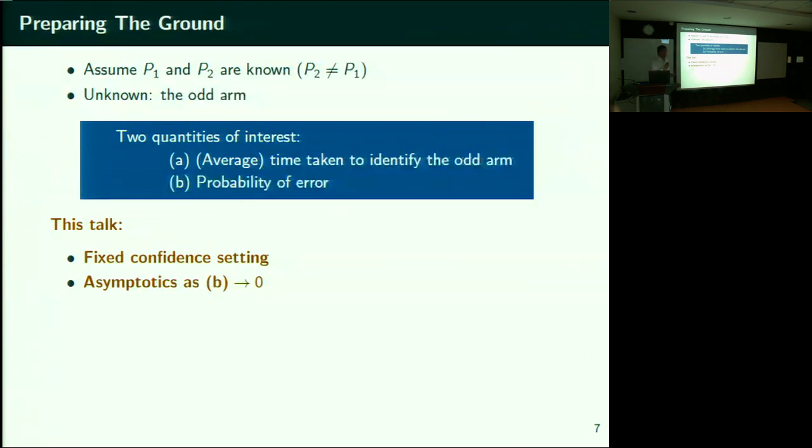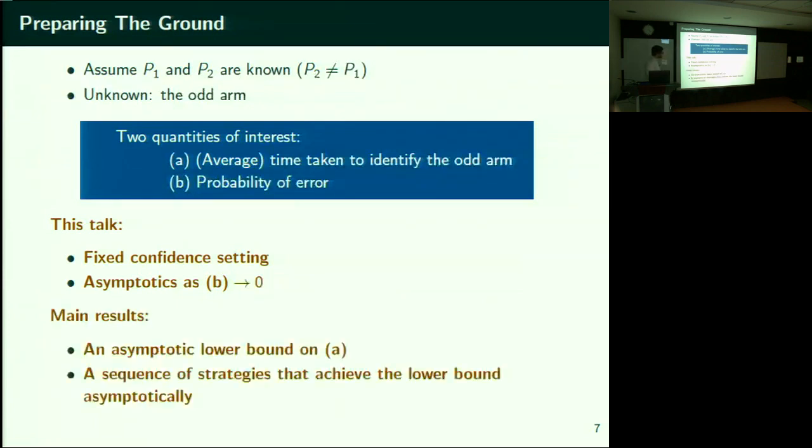So the smaller the probability of error I give you, perhaps the longer you will wait to tell me the answer with that much amount of confidence. Right? You have to be very confident when I give you a very small probability of error. So it's intuitive to expect that this time grows as probability of error decreases. At what rate does it grow? Can we capture that growth rate? That's the question.